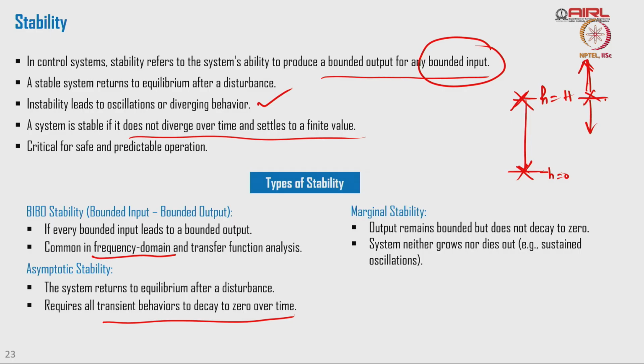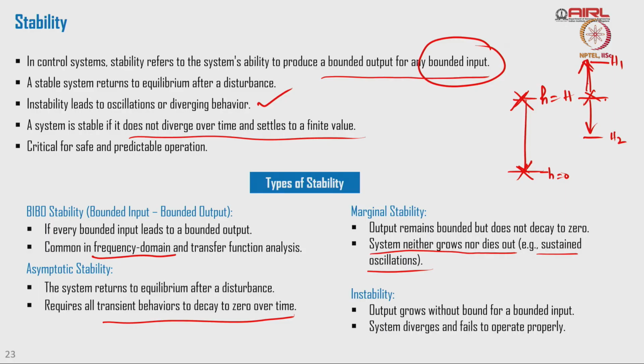So, output remains bounded, like it is going to some height H1 and then H2, and in between it is oscillating. That is called marginal stability. For different applications it is not a very desirable thing, but the system neither grows nor dies out, so it is called sustained oscillation. This topic will be clear in transient analysis.